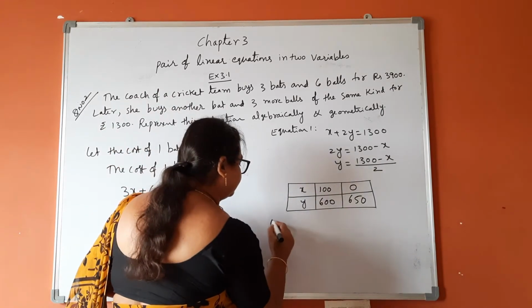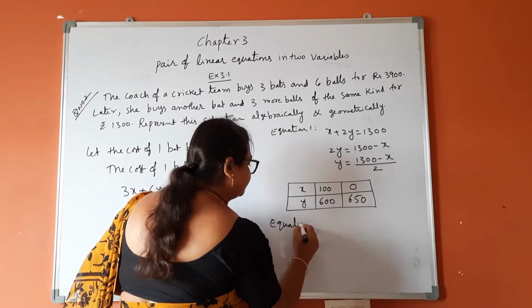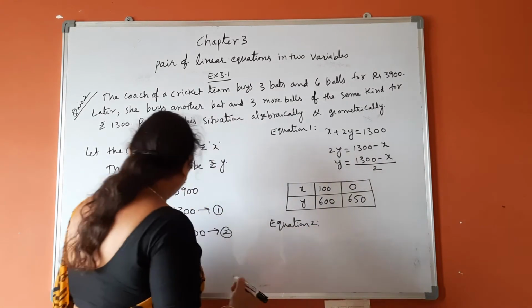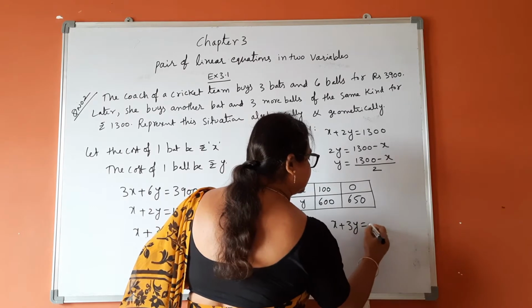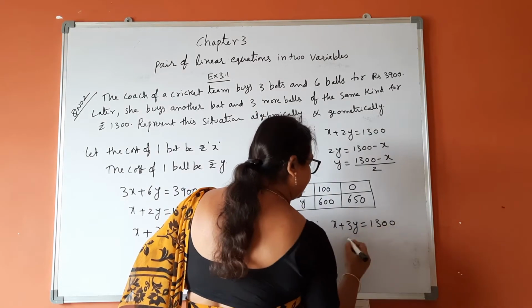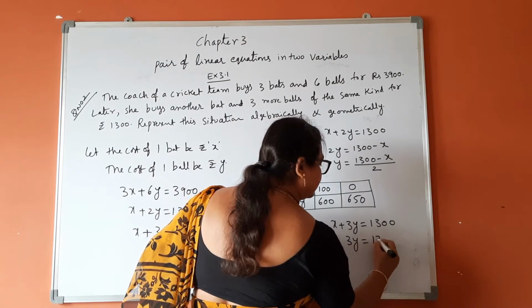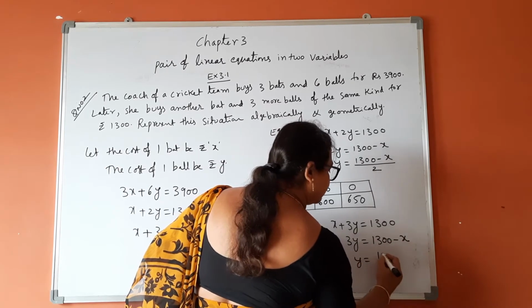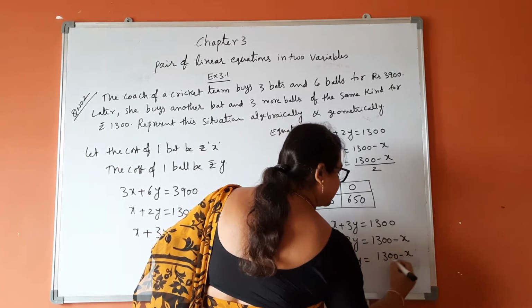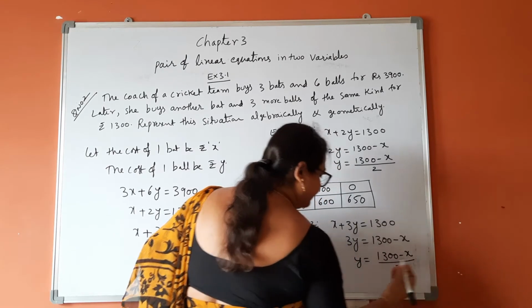Equation 2, that is x plus 3y is equal to 1300. So 3y is equal to 1300 minus x. Y is equal to (1300 minus x) by 3.